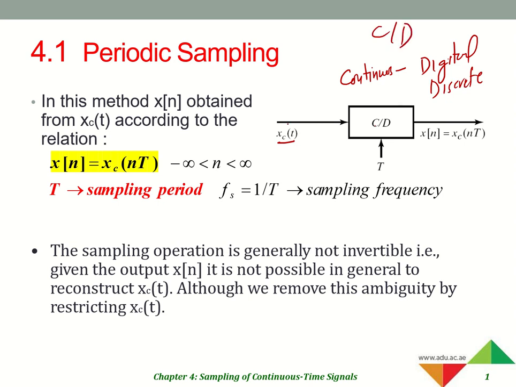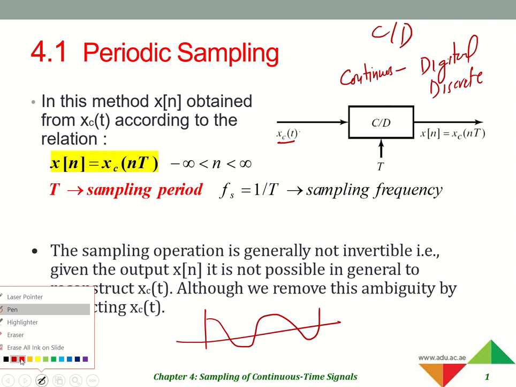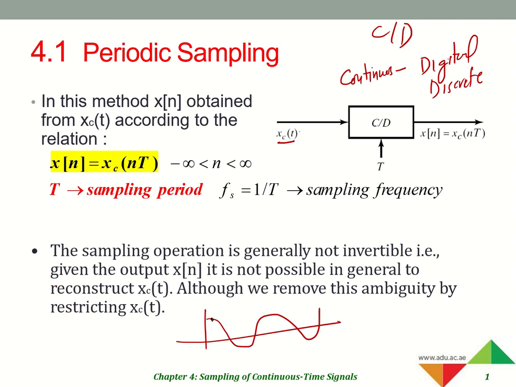If you have a continuous time signal, for example this is my continuous time signal, then as we learned in the first chapter, we can take samples of this signal at this location, this location, this location, and this location.